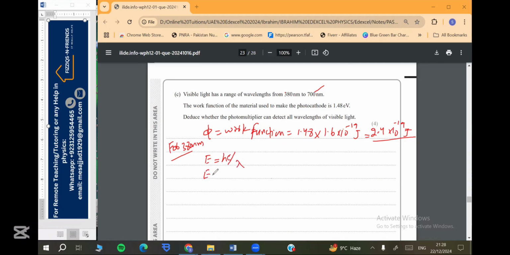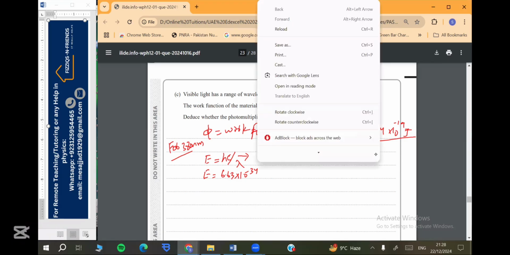And then we just put in the values, 6.63 into 10 raised to the power minus 34. If you don't know where we get this formula from, E equals hf and v equals f lambda. So here the speed is c equals f lambda, and f equals c over lambda.